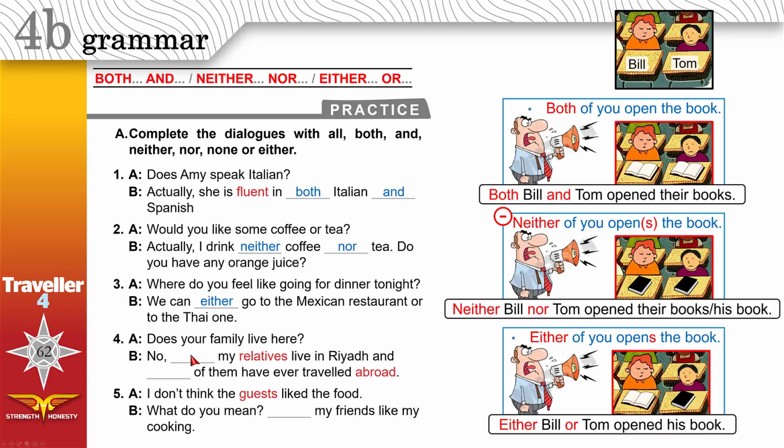You have to say none of my relatives. But you can say all my relatives live in Riyadh and none of them have ever traveled abroad. Guests are people you invite to come and visit you. All my friends like my cooking.